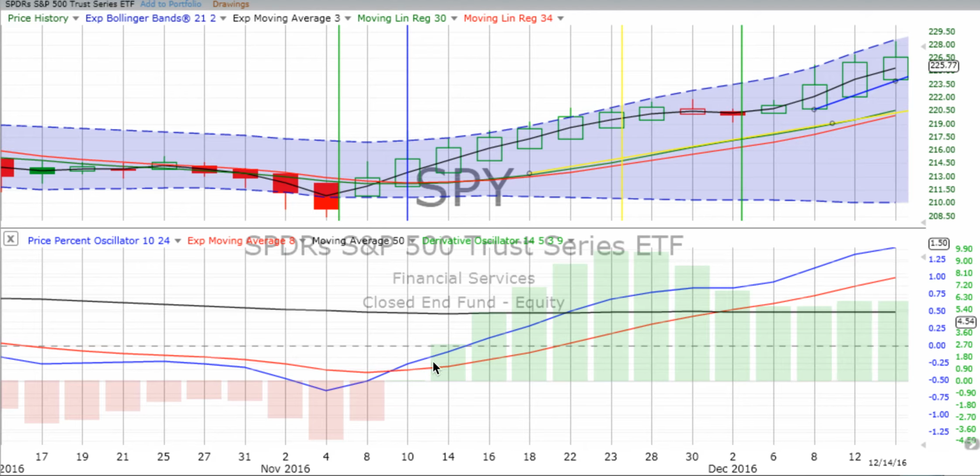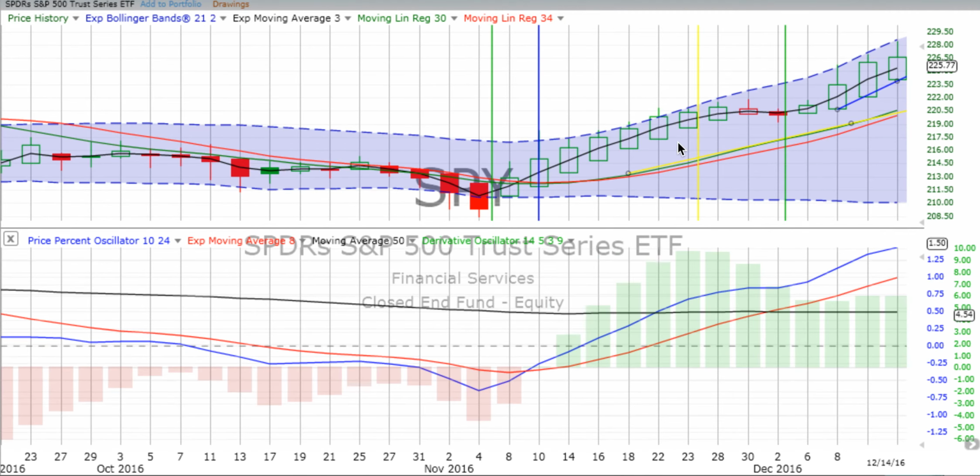We use things like derivative oscillators, which are the light green and red vertical rectangles behind the price percent oscillator. We look at all of these types of indicators to help us figure out movement and what's actually going on in the marketplace.